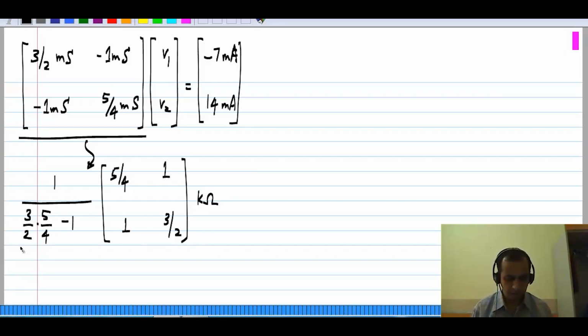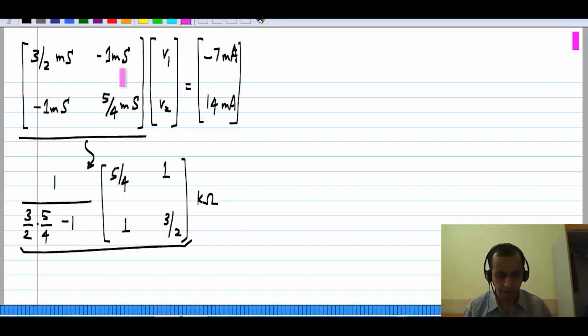That is, I have not put any units over here, but the units of all the numbers will be kilo ohms. That's why I put kilo ohm outside. Okay, that's because the unit of each of these entries is millisiemens. The inverse of that is kilo ohms. Okay, or you can put it inside as well. The unit of the determinant will be millisiemens square, and the unit of each of these will be millisiemens, and millisiemen divided by millisiemens square will give you kilo ohm.